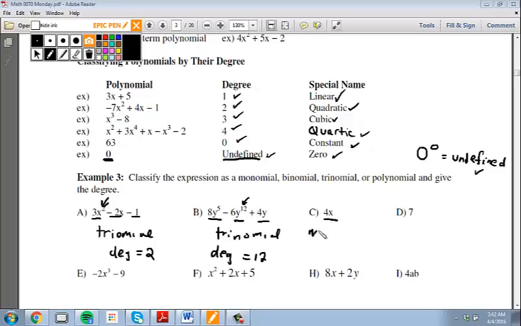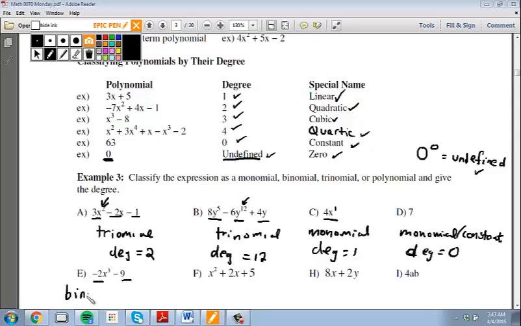C, one term, monomial. So the degree here is just 1 because this is like 4x to the first power. D is a monomial, meaning just one term, or you could say it's a constant if you wanted to. And the degree is actually 0. So we talked about that before as well. E, two terms, so binomial.